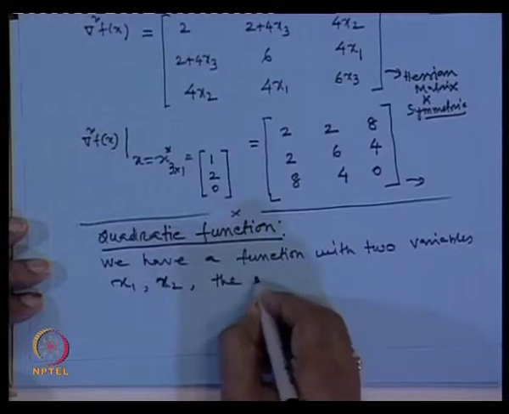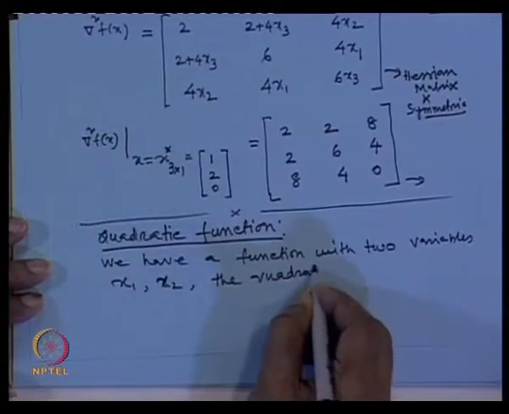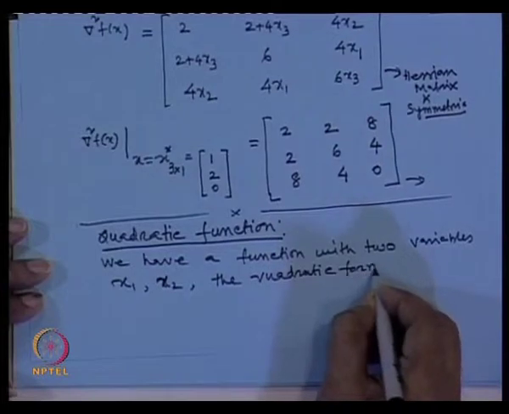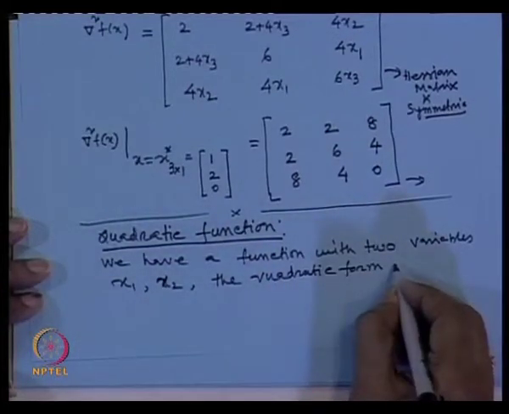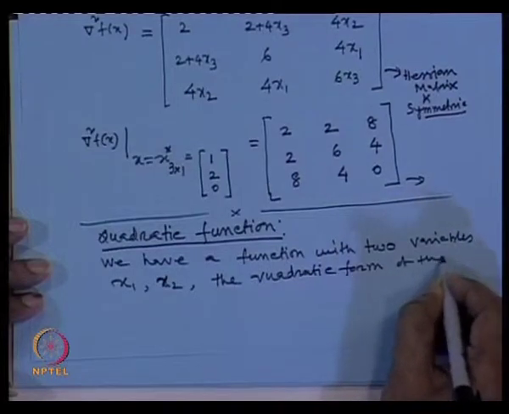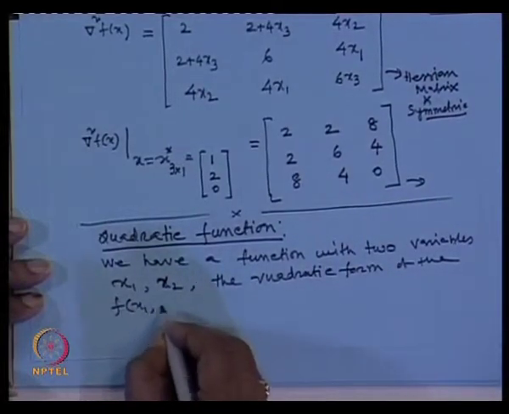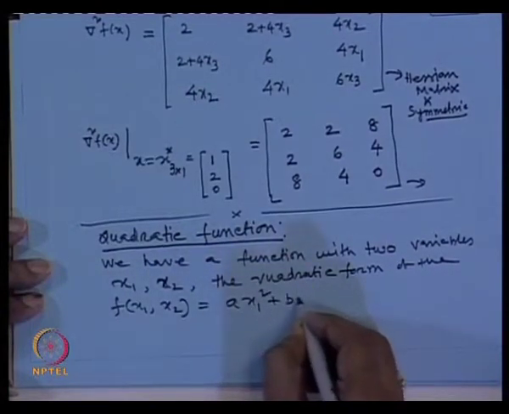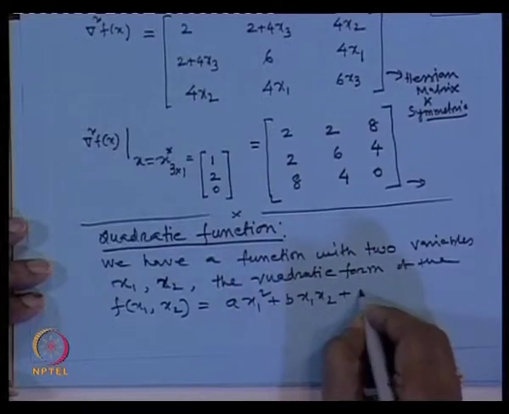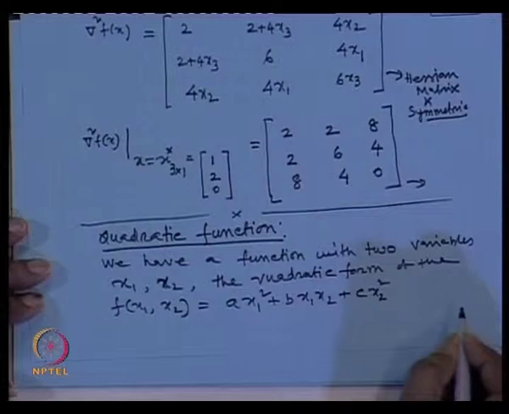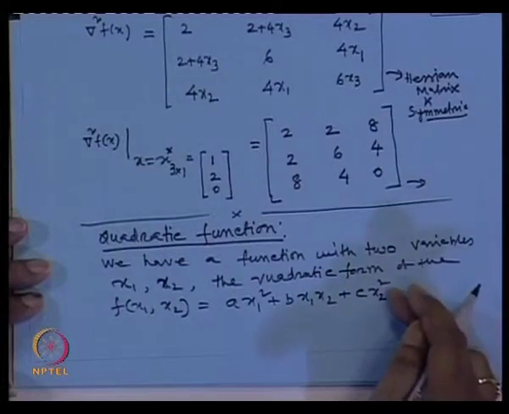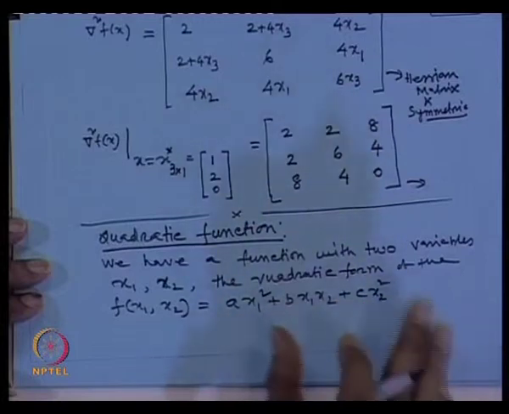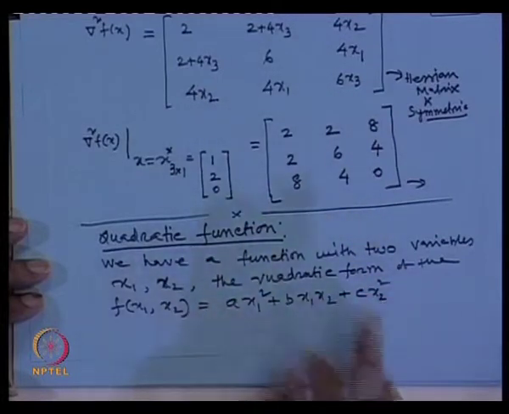The quadratic form of the function is a x1 square plus b x1 x2 plus c x2 square. It can also have, in addition, a constant term plus the linear terms. Let us call this a quadratic function.